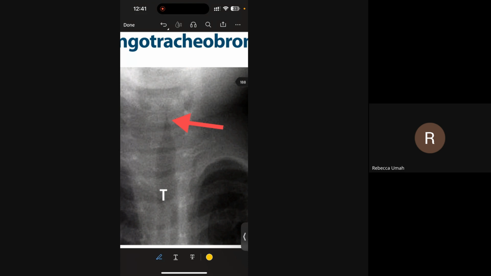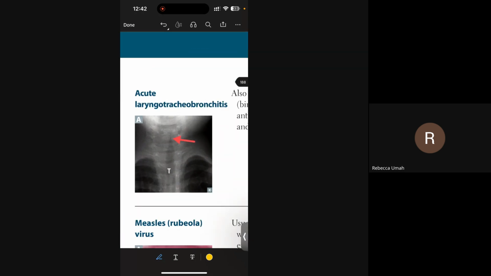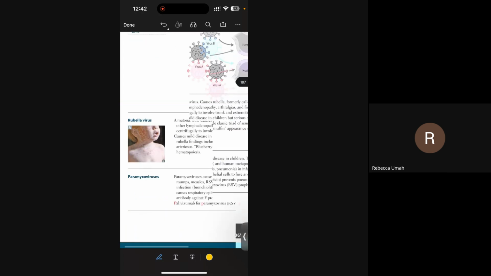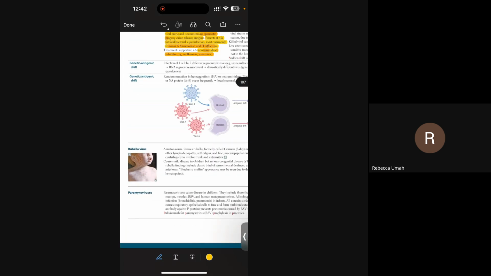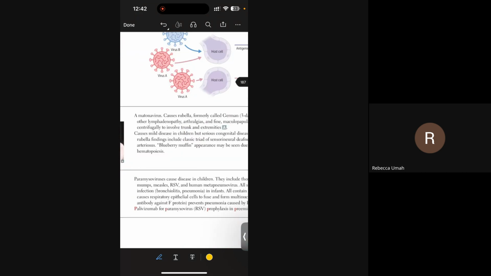The viruses are the paramyxoviruses, right? The other name for croup is acute laryngotracheobronchitis. Paramyxoviruses cause disease in children.